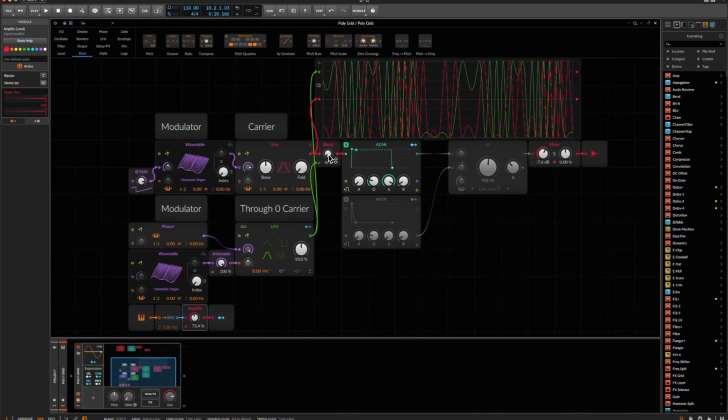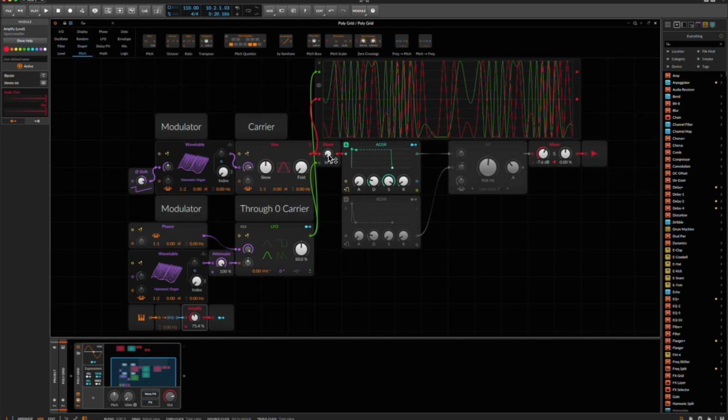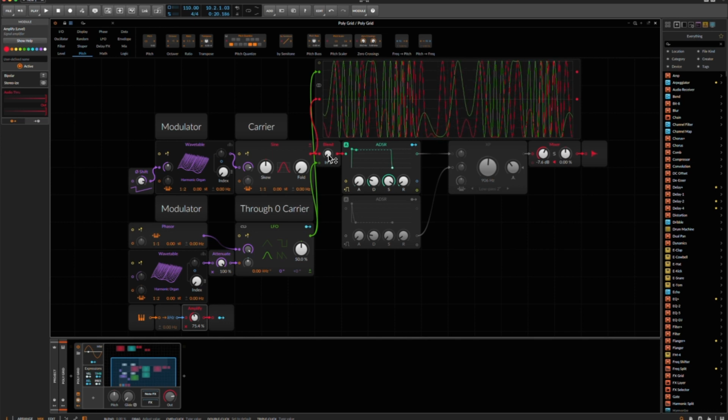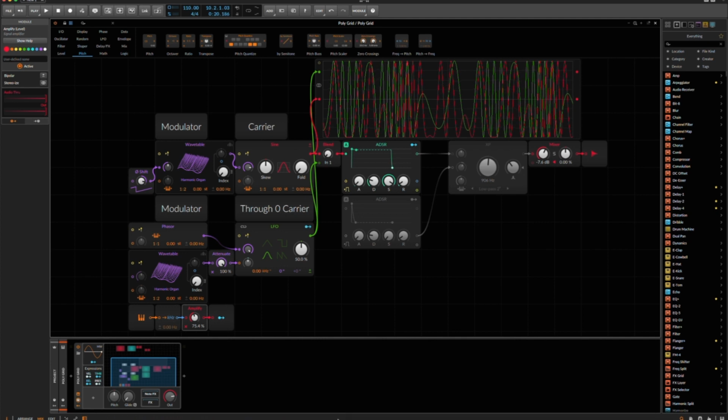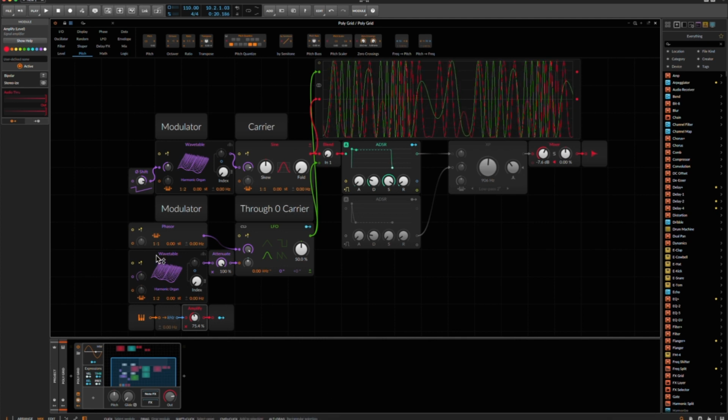So I think we can tell, and I think this is almost always true, that through zero FM sounds a little bit beefier, but has less overtones. Especially the more overtones the modulator or the carrier has.